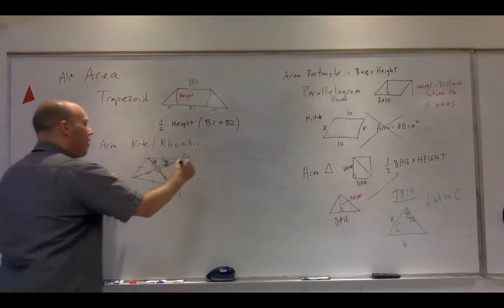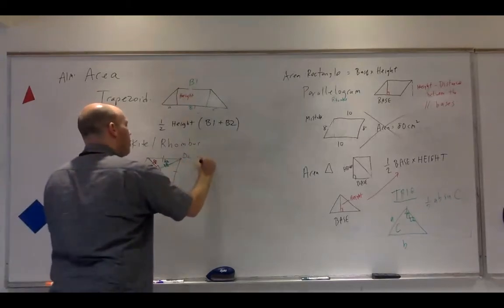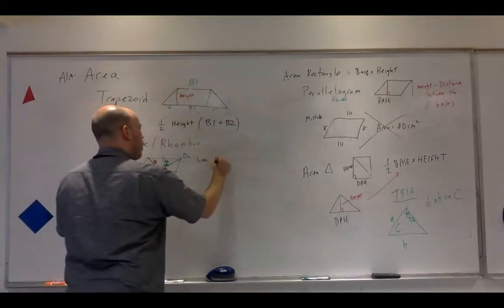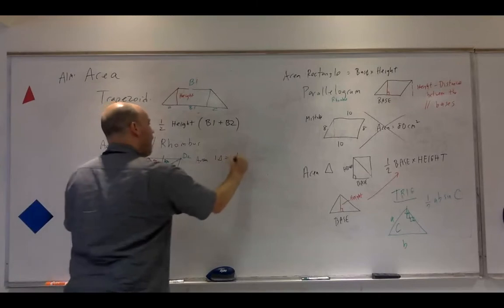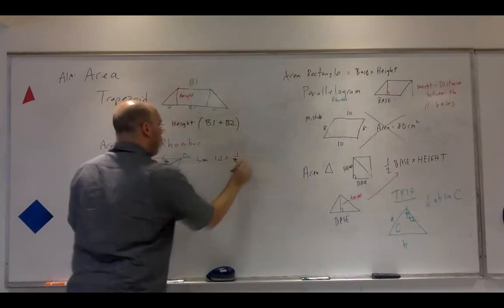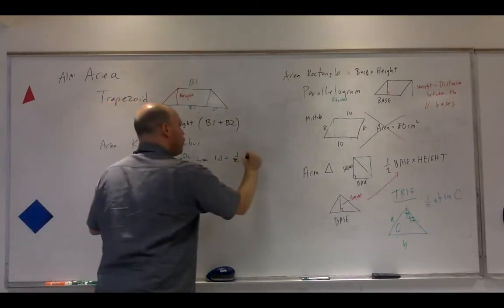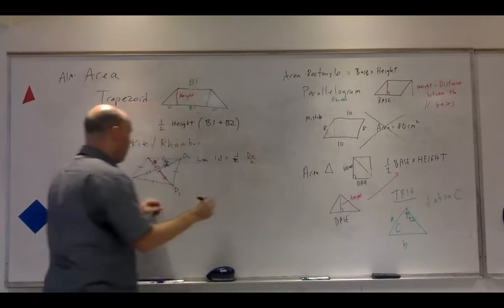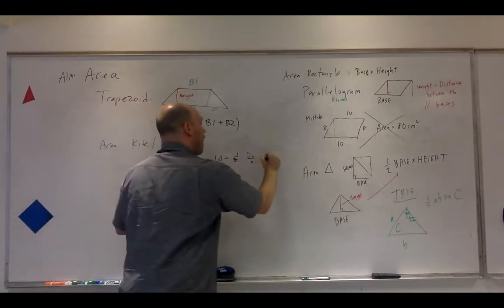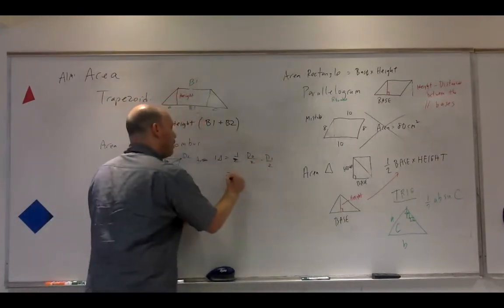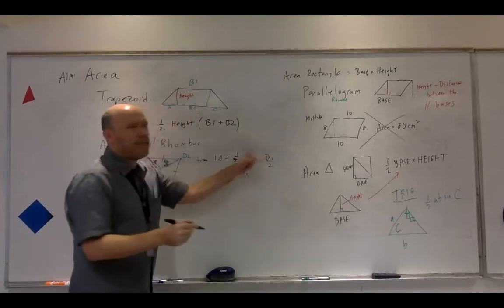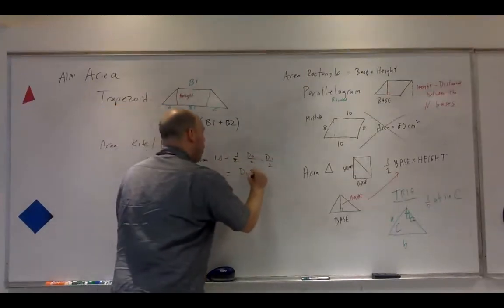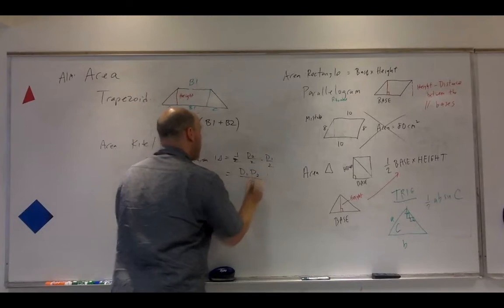Therefore, the area of one of these triangles is equal to 1/2 the base, which is diagonal 2 divided by 2, times the height, which is diagonal 1 over 2, and that's equal to D1, I'm going to put D1 first, sorry, D1 times D2 divided by 8.